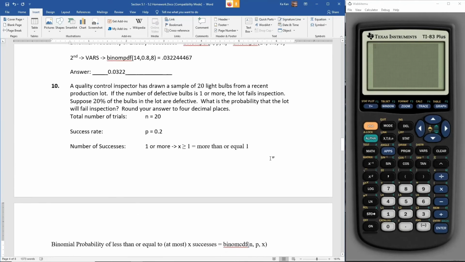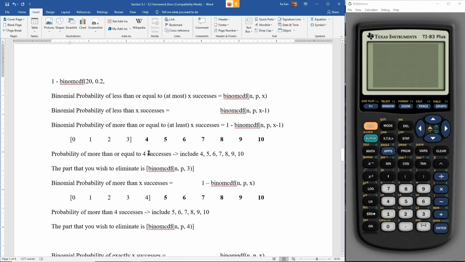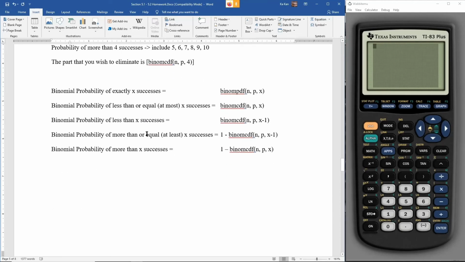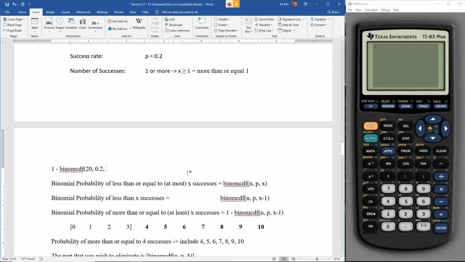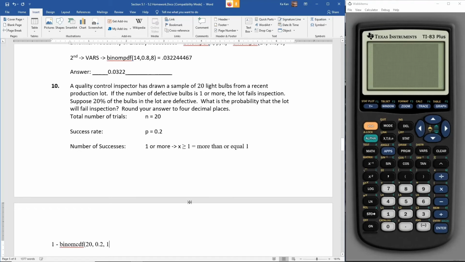So in our case, it would be binomial CDF, where n is 20, p is 0.2, and x is going to be 1 minus 1, since more than or equal is x minus 1. So I would not put 1 in here. I'll do 1 minus 1, which in our case would be 0.